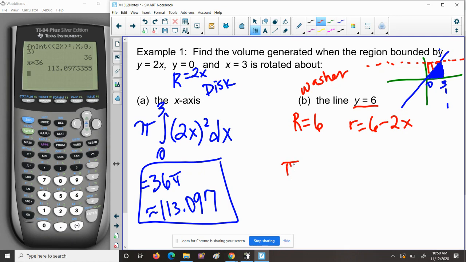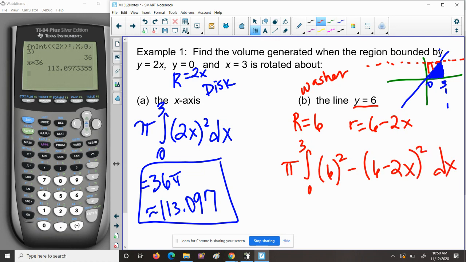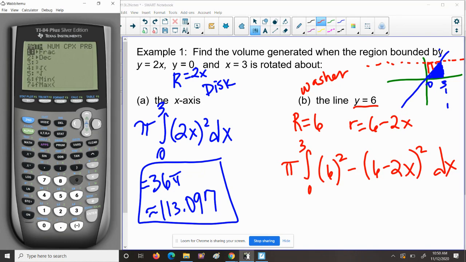So to find our volume, we want pi times the integral from 0 to 3, still the same interval, of big R squared, so 6 squared, minus little r squared, 6 minus 2x squared. Let's find that. Integral of 6 squared minus (6 minus 2x) squared, comma x, comma 0, comma 3.